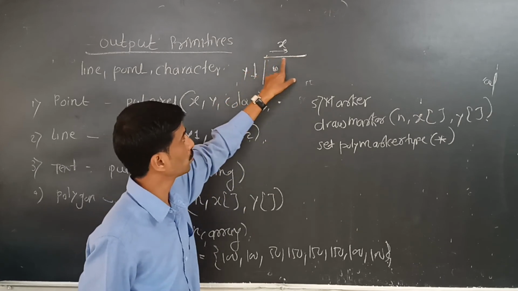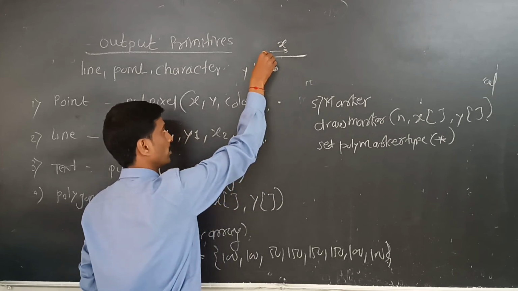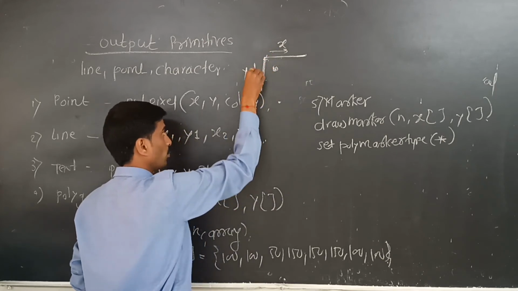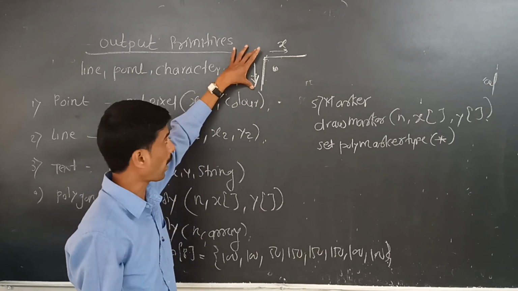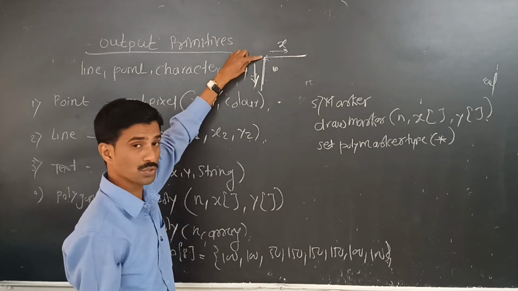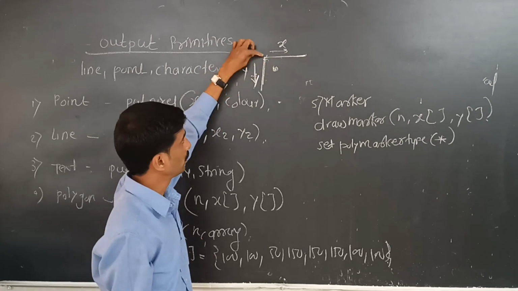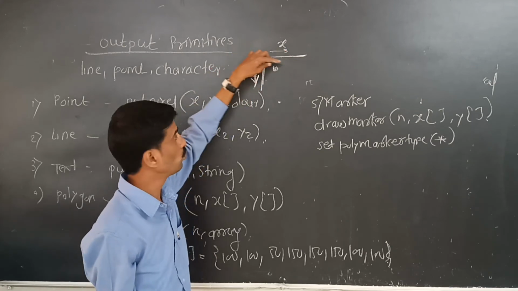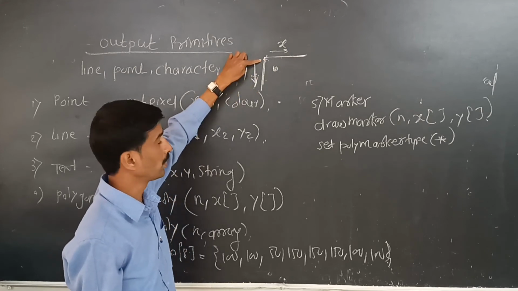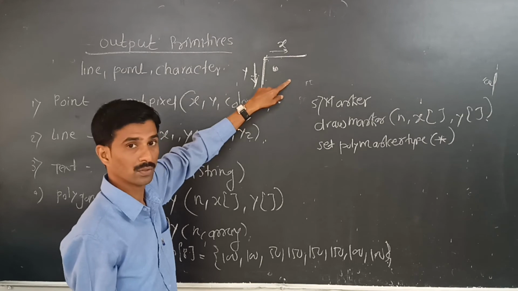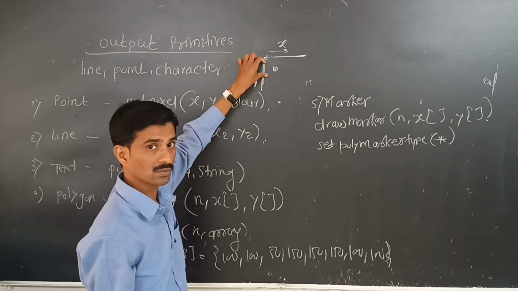From the top left corner to the right is the x direction, and from the top left to the bottom we calculate the distance as y. This is 0, 0. As we move from left to right, x increases. As we move from top to bottom, y increases. The point 100, 100 will be here. So this is the x distance and this is the y distance.